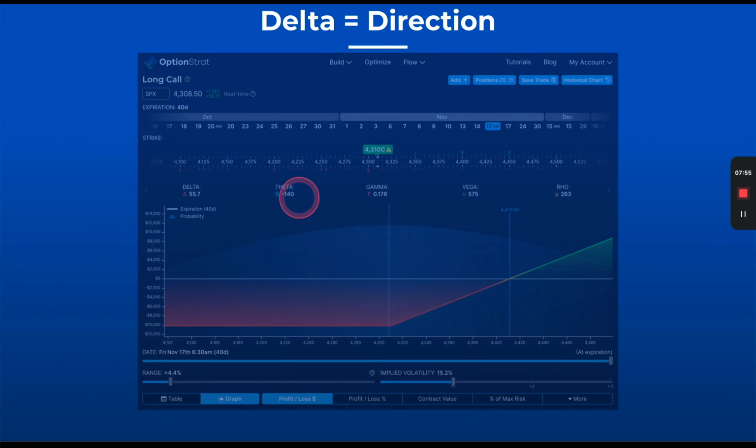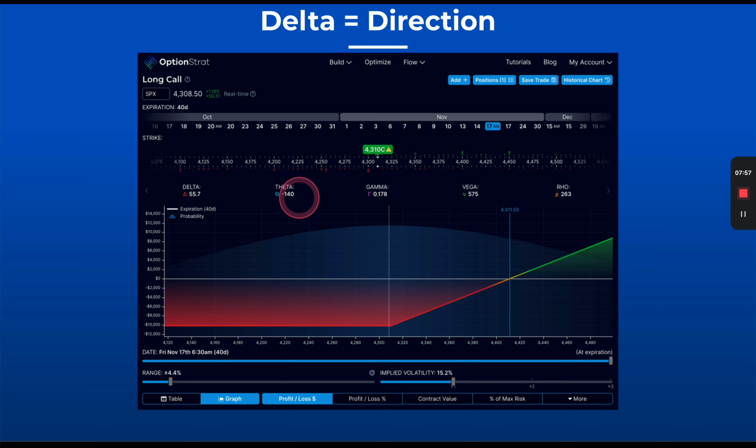So to give you an example, again, this is a long call. This happens to be an SPX 4310 long call, and we're currently trading, at the time I snapped the shot, around 4300. This has a delta of a positive 55.